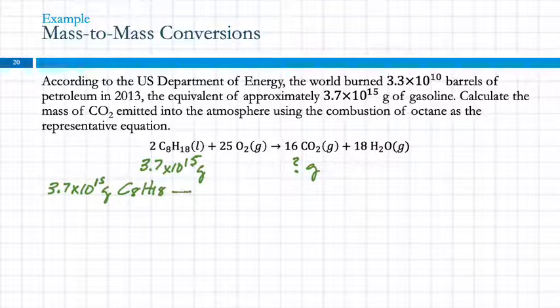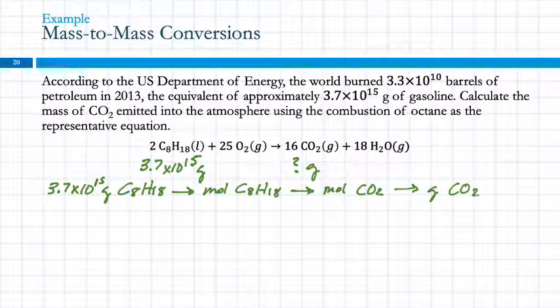I'm going to convert that to moles of C8H18. Grams to moles. Then to moles of the thing I'm trying to find. Convert that to moles of CO2. And then to grams of CO2. Grams to moles to moles to grams.